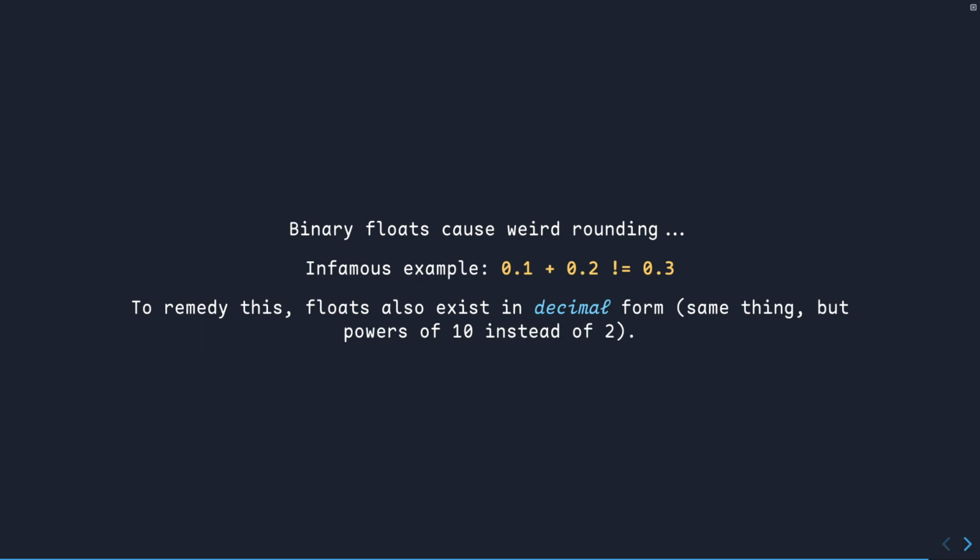And for this reason, some mathematically oriented languages use decimal floating point numbers, which instead of using powers of 2, use the commonly used powers of 10, so that decimal numbers are exactly representable in your floating point.